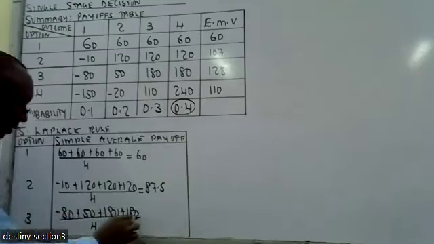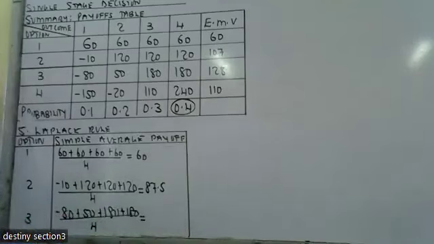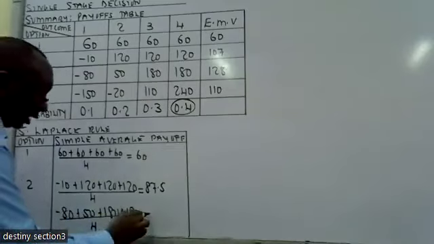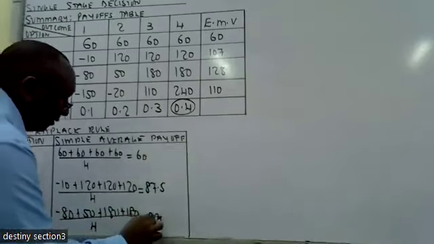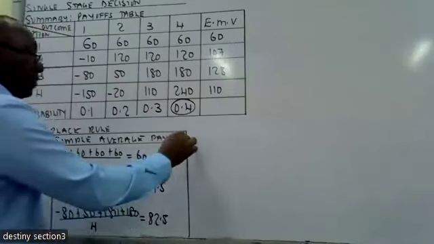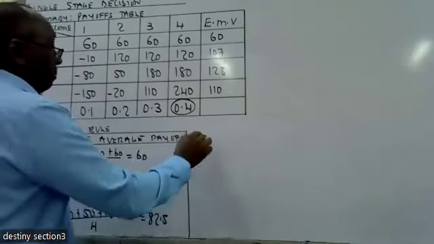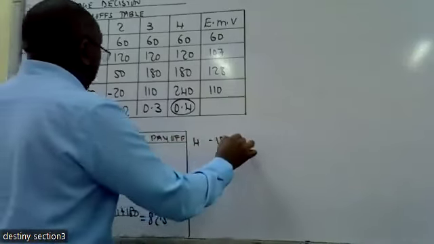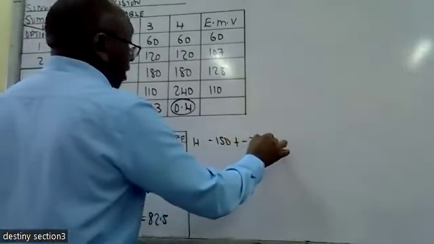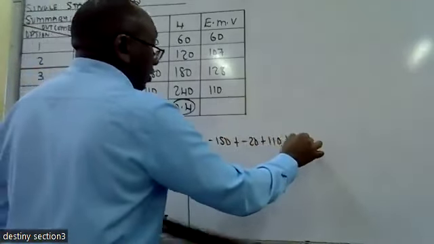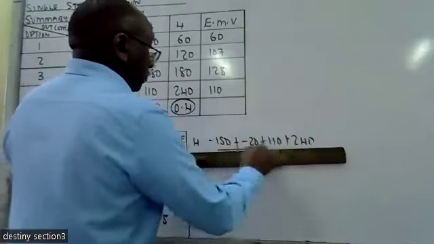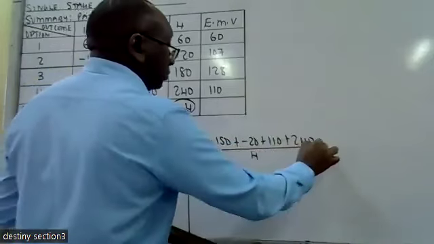You divide by 4. That is 82.5. Number 4, it is minus 150 plus minus 20 plus 110 plus 240. You divide by 4.